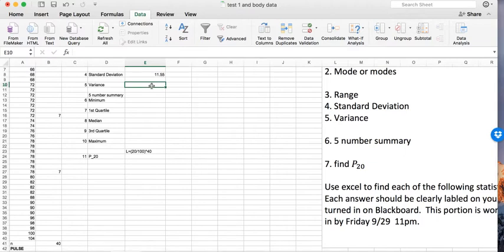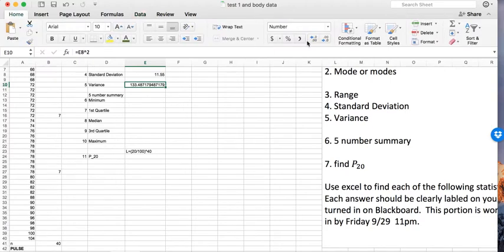The variance, we just take the standard deviation and square it using up caret 2. Going to go ahead and round that to 2 decimal places. The 5-number summary is the minimum, first quartile, median, third quartile, maximum.